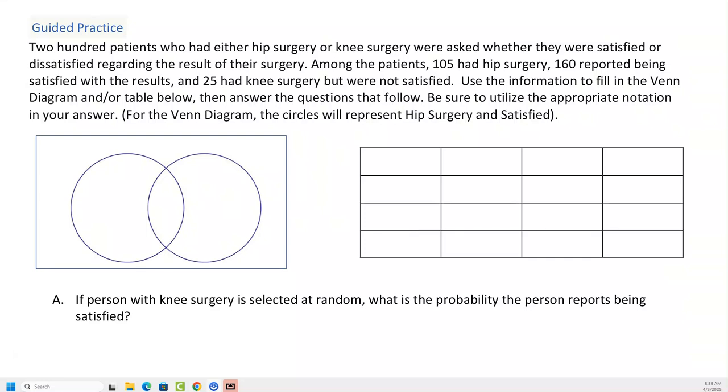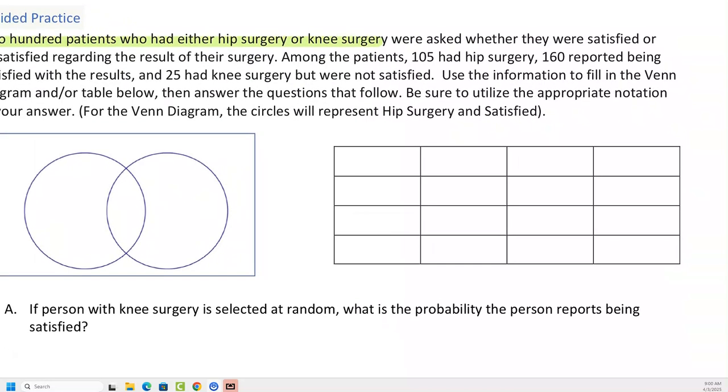Okay, so let's put together our two-way table here. So we have our first piece of information, 200 patients had either hip surgery or knee surgery, right? And we're asked whether they were satisfied or dissatisfied with their surgery. So notice here, it's either hip surgery or knee surgery.